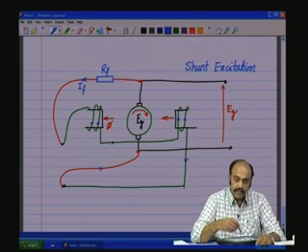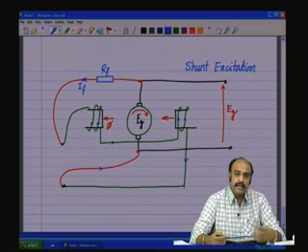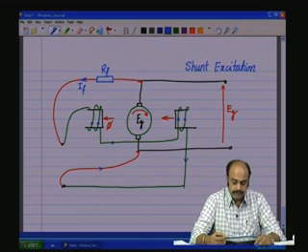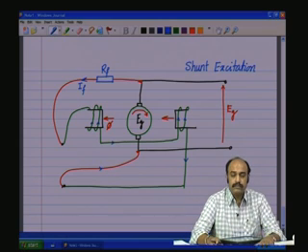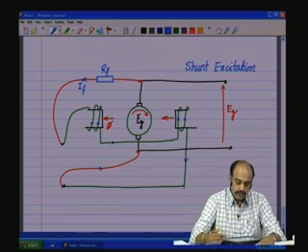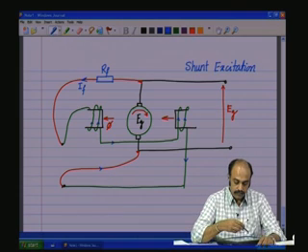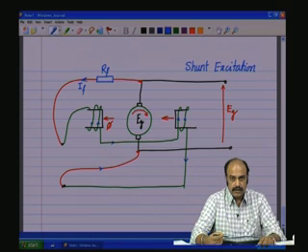So, the regulation will not be as good as in the case of the separately excited machine. In the separately excited machine, the field is constant, whereas in the shunt excited machine, the field can vary, because the voltage which is generated also varies with the load due to the loading effect.